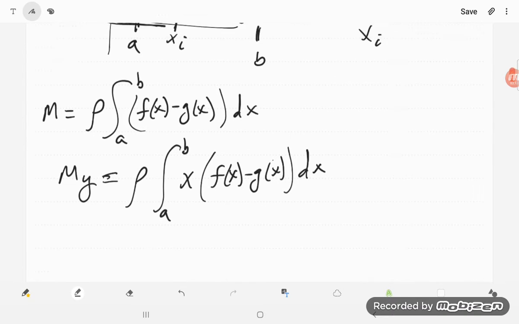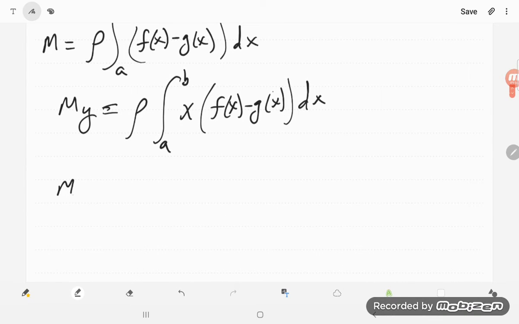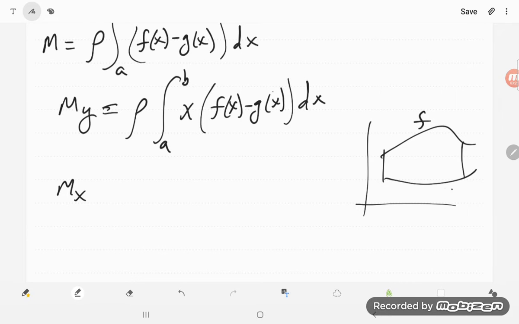Then for m sub x, let's kind of draw this thing again. We have this, there's f, there's g, and once again, for m sub x, we're making the x-axis our origin from a linear standpoint.